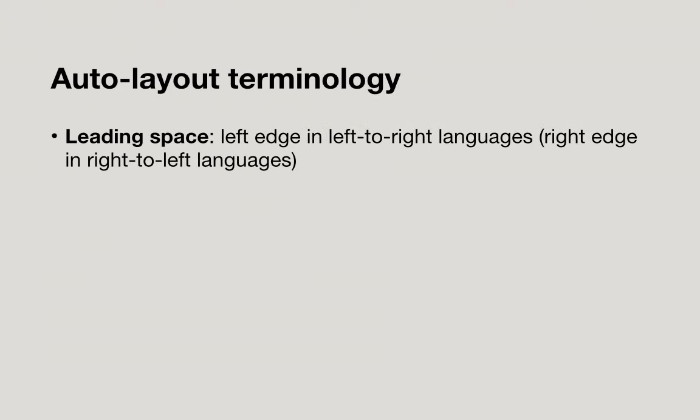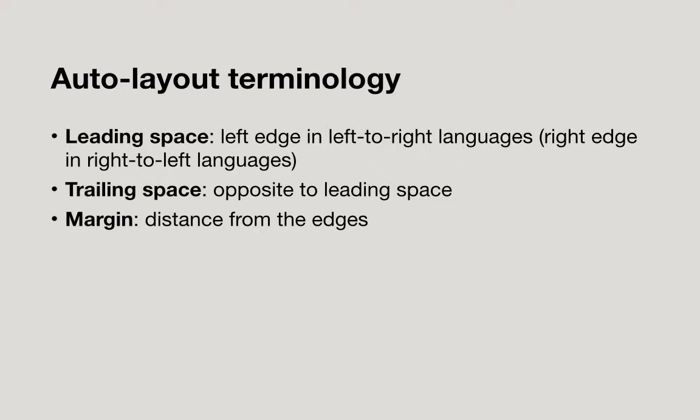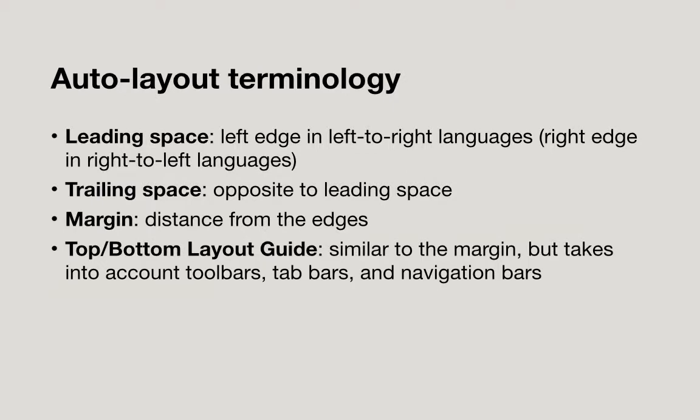Leading space. The left edge in left-to-right languages, or the right edge in right-to-left languages. Trailing space. Similar to leading space, but the opposite edge. Margin. Apple's recommended distance from the edges. Top-bottom layout guide.